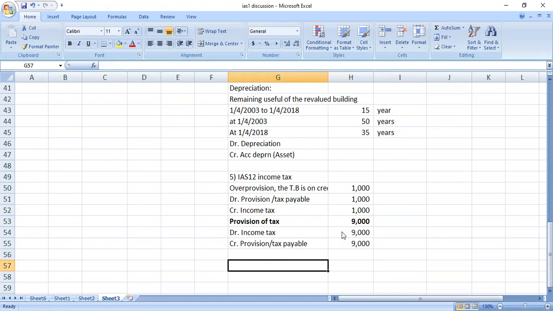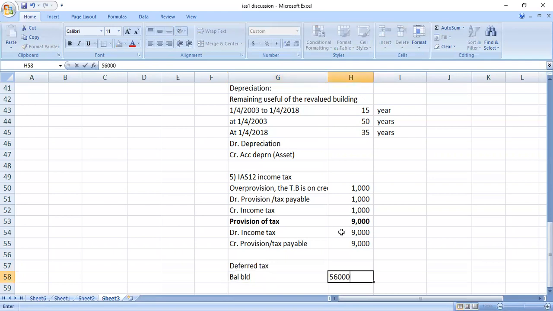Now let's go to deferred. Okay, deferred tax. Deferred tax was just a provision. They say that you had a balance brought down. The trial balance is 56,000. Then they say they have a closing deferred tax. Of how much?